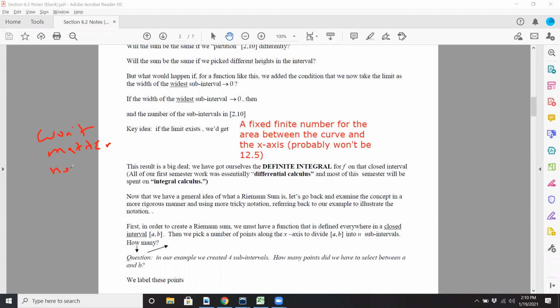It won't matter how many partitions we do, because we're assuming we're doing an infinite amount of partitions, or how we choose the y value for each subinterval. And so this is going to lead us to something called the definite integral.